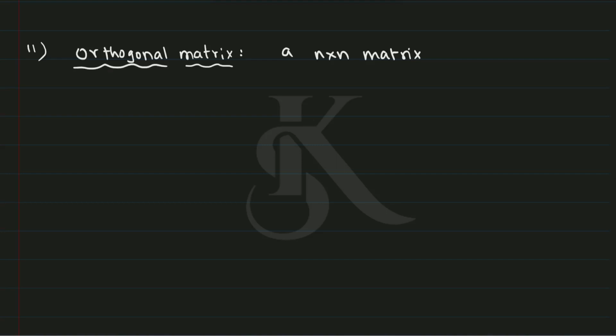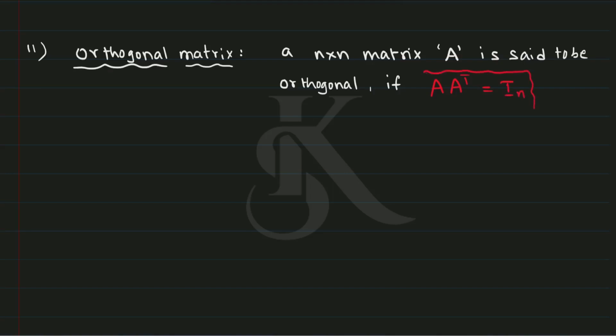Matrix A is said to be orthogonal only if it satisfies A into A transpose equals to I_n. Okay. I_n means what?